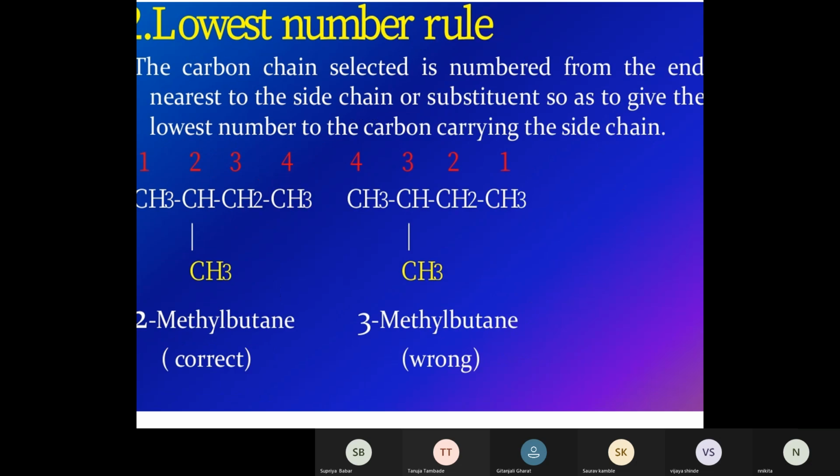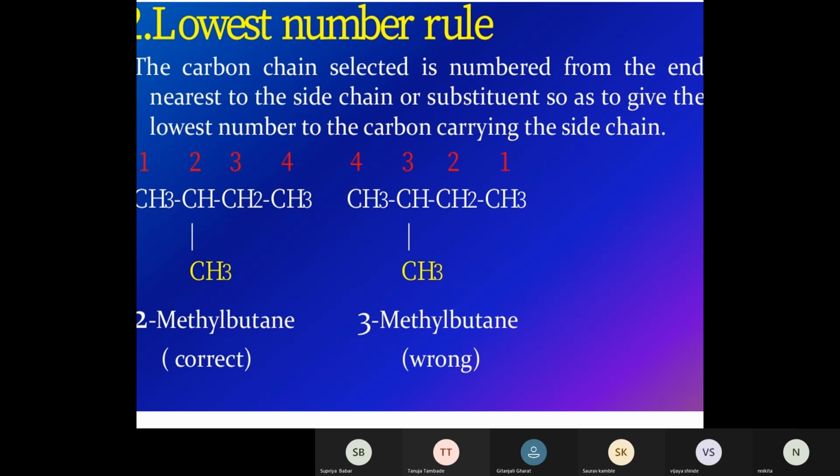Now the second rule is the lowest number rule. We have selected the chain, then we have to number it.